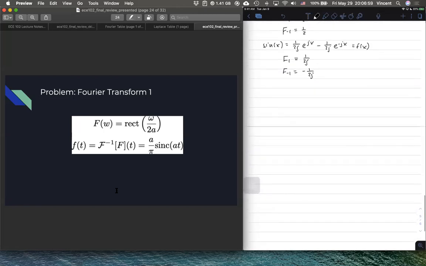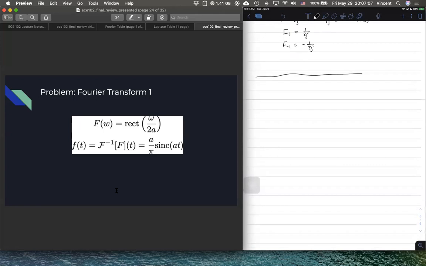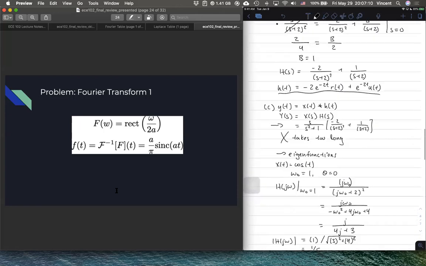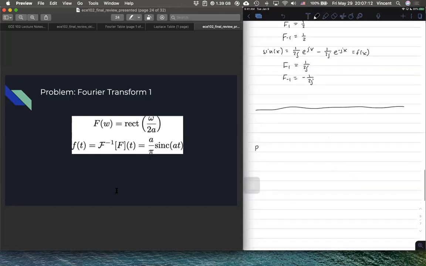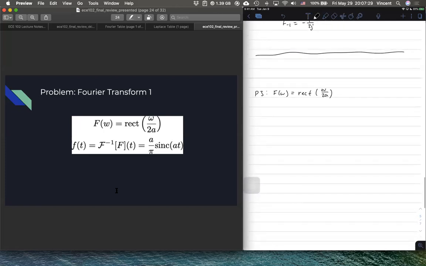This is a pretty canonical problem in Fourier transforms, and it's a really important transform too. So we're going to start with S of omega equals a rect function. One application of why this is really important is that later on you learn about low pass filters, and this is a really useful function for that.